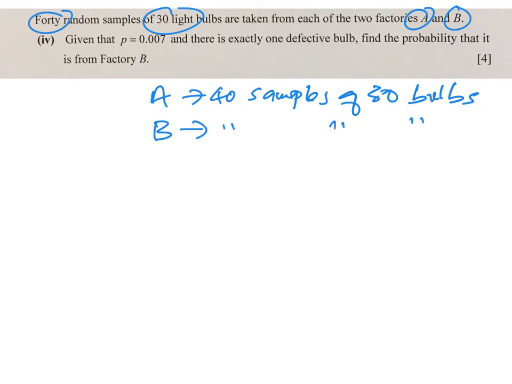So from factory A, we have a total of 1,200 light bulbs, and from factory B, another 1,200 light bulbs.